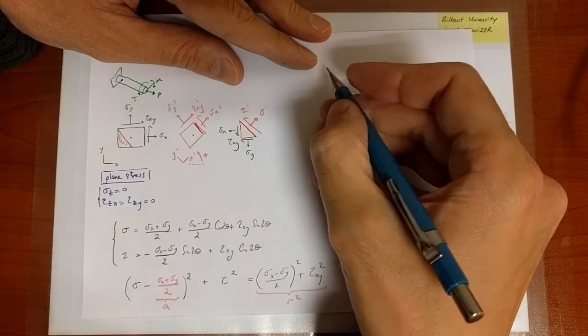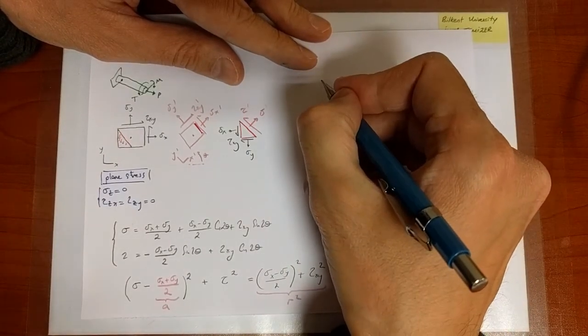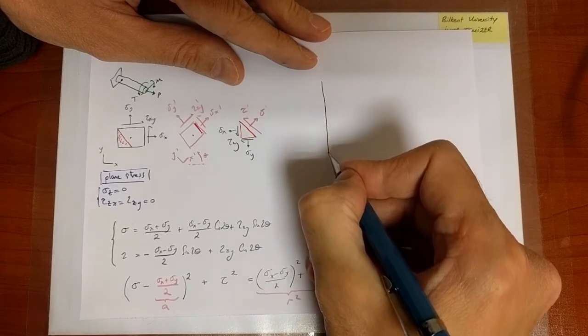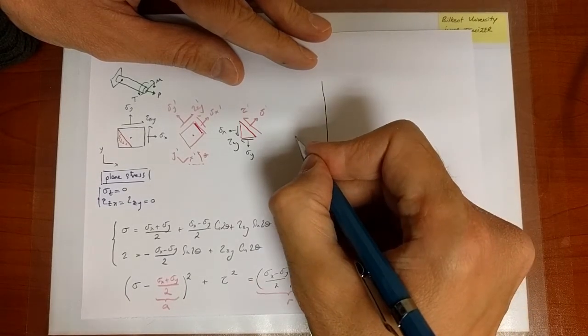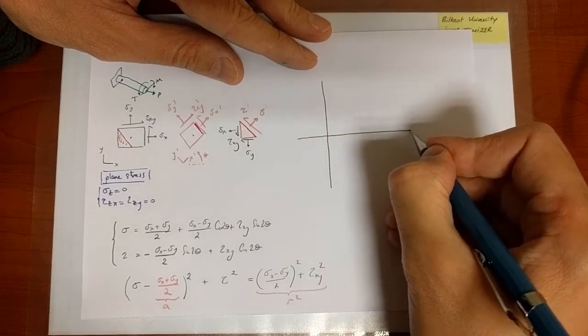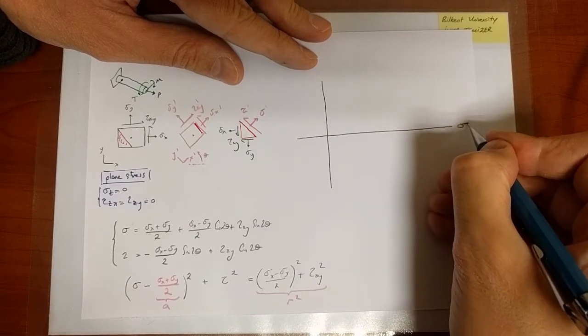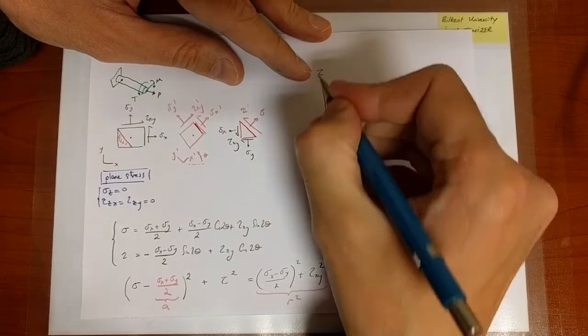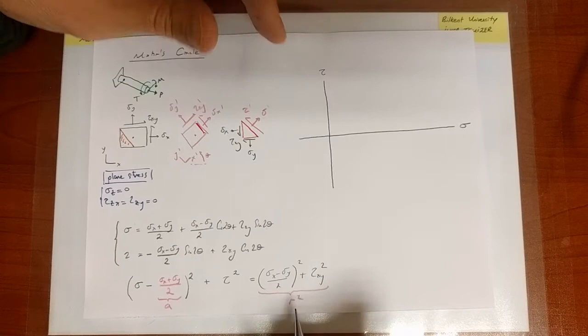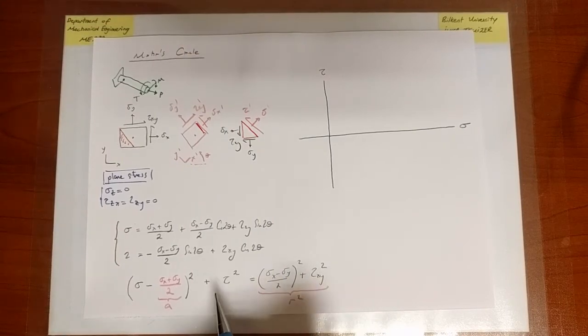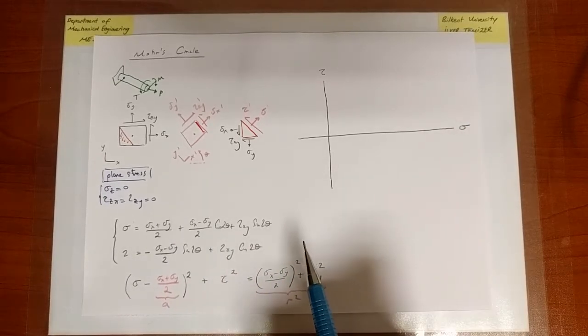So I'm going to draw a coordinate system for the purposes of drawing the circle, where the x is sigma and the y is tau. Okay, that's going to be my choice. And well, certainly you could have switched those roles, but that's going to be our choice.